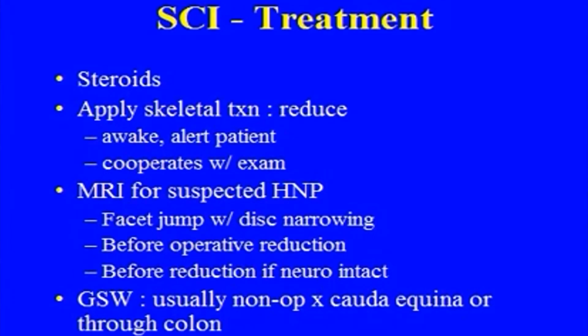I reduced the dislocation gradually with traction, and with every increase in increments, I would do a neurologic exam, and then I would get my reduction. But in these cases, it's not enough to do a reduction. You have to do a fusion because these are ligamentous injuries.